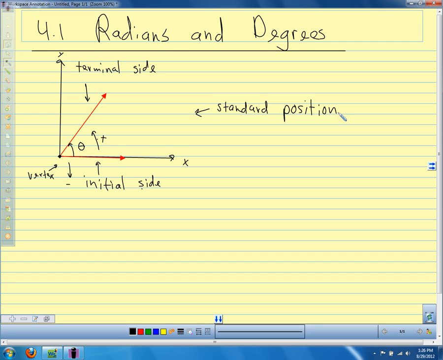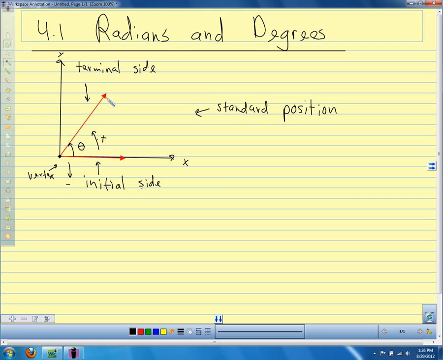So two angles, the other piece of vocabulary that we need, two angles in standard position where the terminal sides are in the same place are called coterminal. So it just means that the terminal side is in the same place. And the reason you would think that if an angle was coterminal, it would just be the same angle.